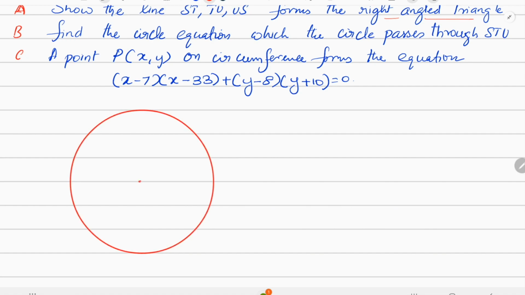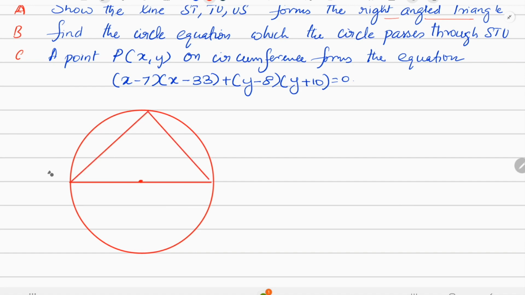This is the center point. Now, if any triangle is formed with a side that passes through the midpoint, suppose I form a triangle like this.